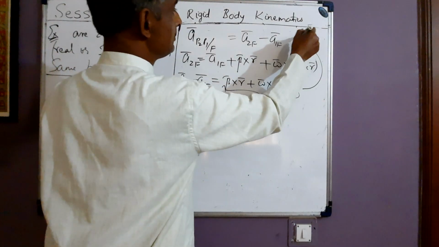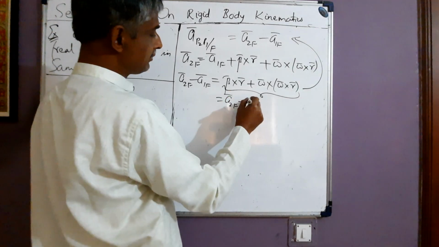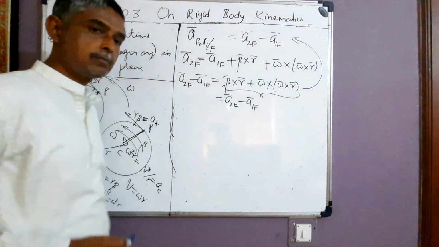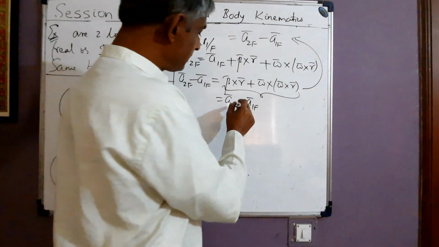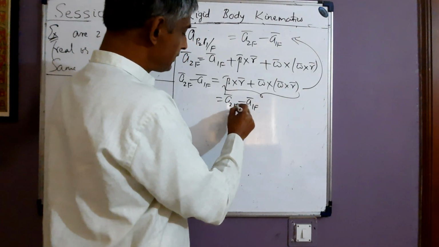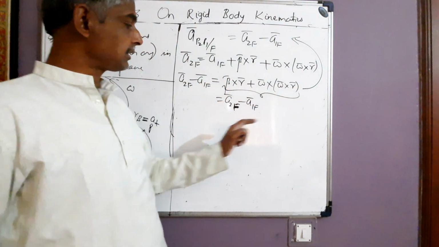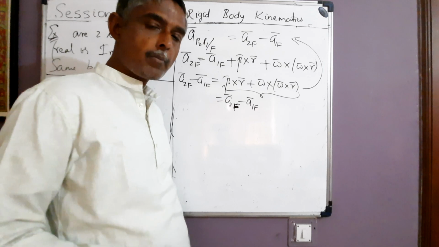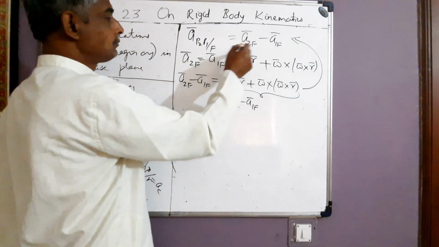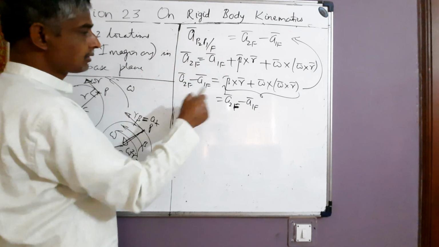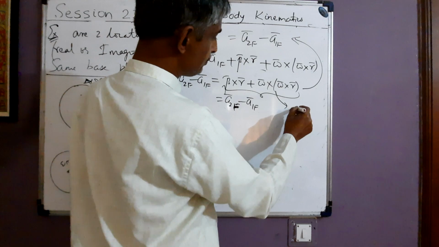Beta cross R plus omega cross R is the term A2F minus A1F. So we'll write this equation in this way. This term itself is AP2P1/F.